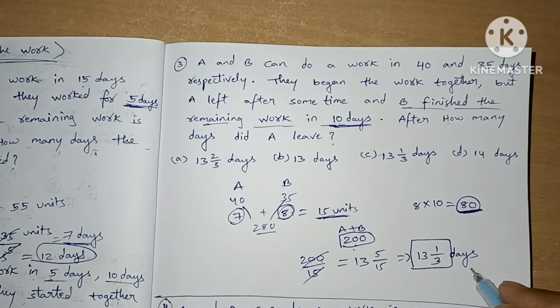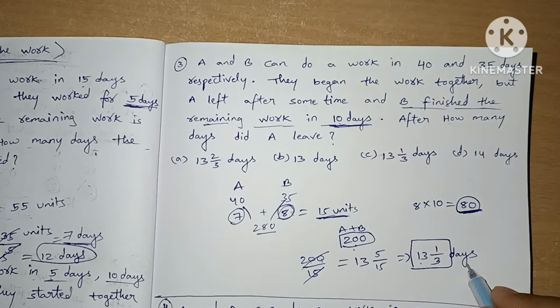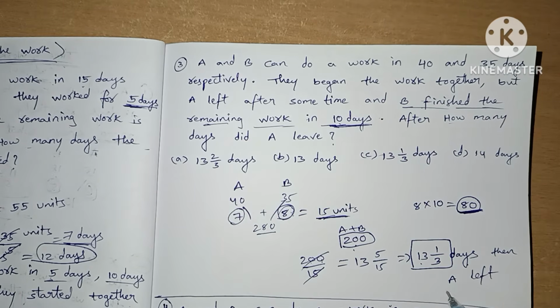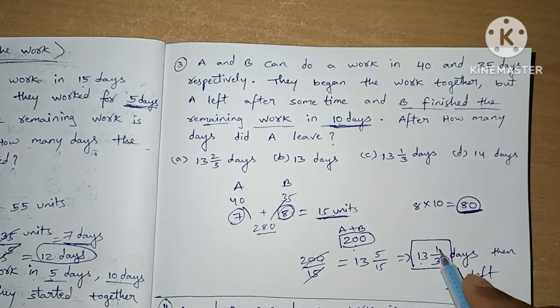So A and B together worked for 13 1/3 days, and then A left. So A worked for 13 1/3 days.